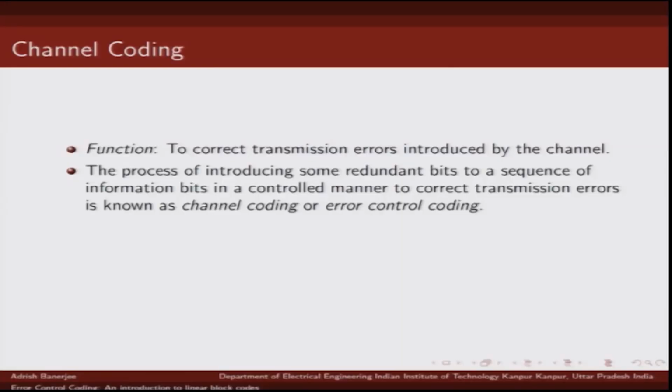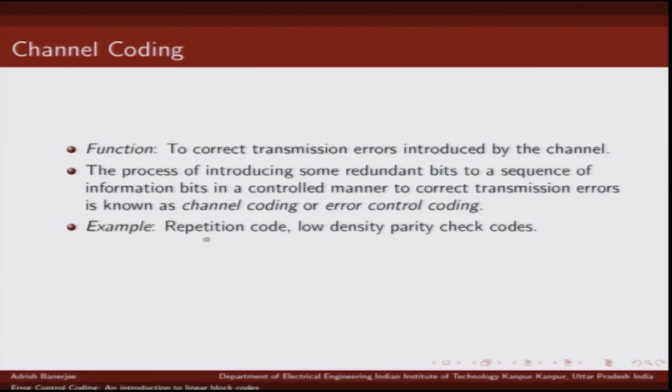So, this process of adding redundant bits, which we call parity bits, to our message bits is known as channel coding or error control coding, and this is essentially done to detect or correct errors caused by the transmission medium.